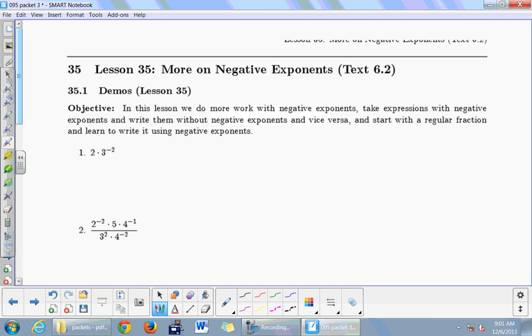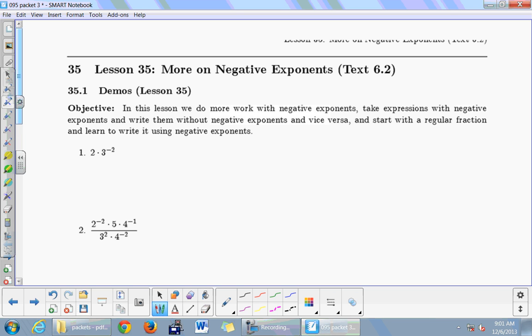Let's start with the objective here. Caroline. Okay, do you guys remember we talked about negative exponents really a while ago? Our basic idea was that this negative exponent was like a baby, and if the baby was on the floor, it wanted to be picked up in your arms, and if the baby was in your arms, it wanted to be put down on the floor.